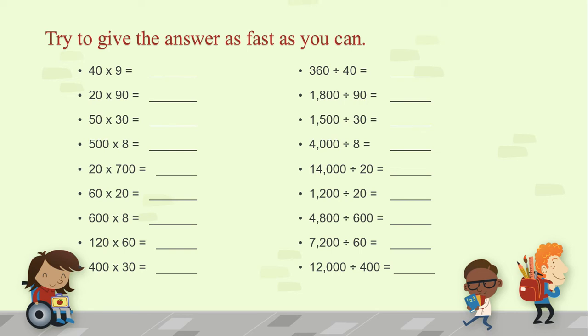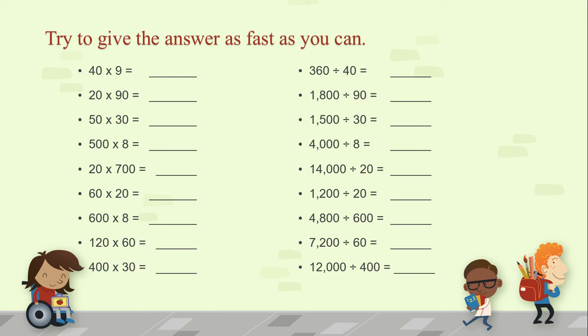For division, it's the opposite way. If there are zeros in the divisor and in the dividend, we will cross out an equal number of zeros from the dividend and from the divisor, and then we will put the remaining zeros in the dividend at the right of the answer, which means, in other words, we are subtracting the number of zeros in the dividend minus the number of zeros in the divisor, and we write the zeros left over.